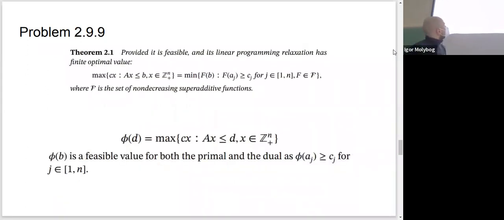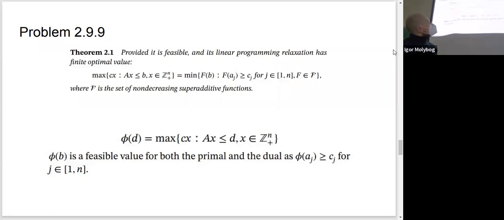Now, let's remember what the theorem was saying. The theorem was saying that provided that it is feasible and its linear programming relaxation has a finite optimal value, the integer programming problem, the one that we were just considering, its optimal value is in fact equal to the optimal value of optimization over the space of non-decreasing super additive functions.